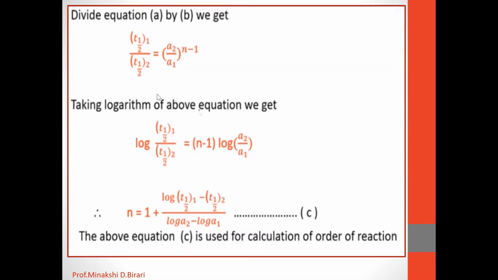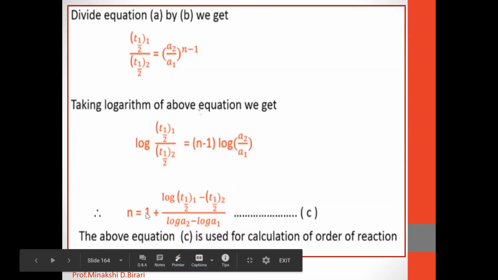Taking the logarithm of the above equation, we get log of T half of 1 divided by T half of 2 is equal to n minus 1 times log of A2 upon A1.